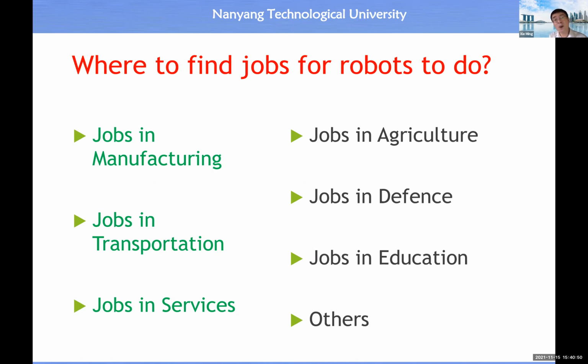And here we will use manufacturing as an example to illustrate the procedure underlying task planning, action planning, motion planning, path planning, and trajectory planning. Okay, so all these procedures are equally applicable to the situation in which a robot will undertake a job in other sectors of industry or society.